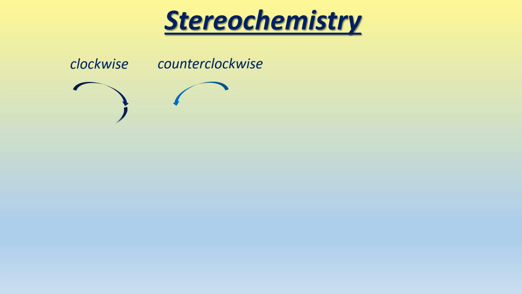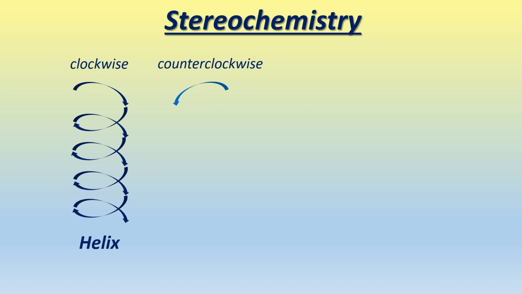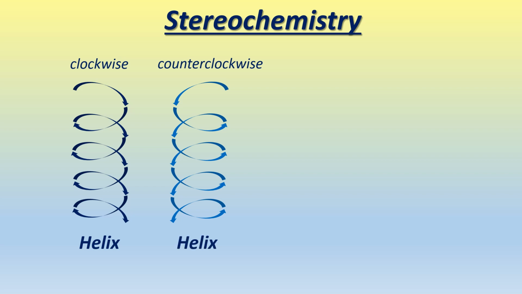In other words, clockwise with clockwise with clockwise with clockwise, as you note, creates a spring or a helix. Similarly, counterclockwise with other counterclockwise also creates a spring going in the opposite direction. I now have two helixes, otherwise more commonly known as a double helix. This is the basis for DNA and RNA.